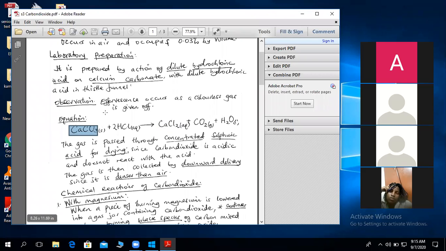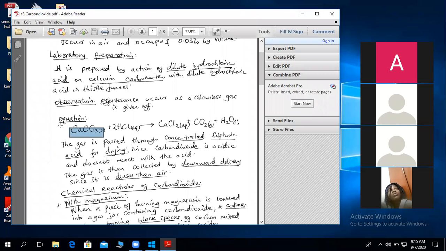Take note of that. When you use sulfuric acid instead of hydrochloric acid to prepare carbon dioxide, it will form calcium sulfate, and calcium sulfate is sparingly soluble. So it will form a coating on calcium carbonate, and that will stop further reaction.